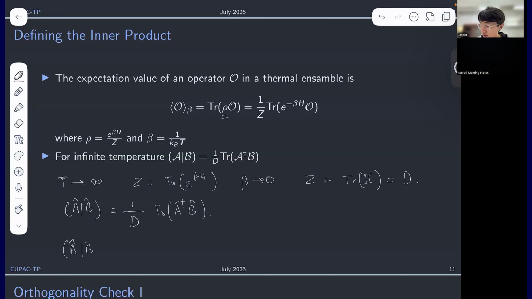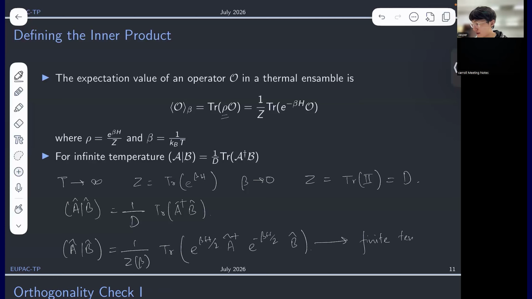Finite temperature is Z as a function of beta, trace of e to the minus beta Hamiltonian by 2, A dagger, e to the minus beta H by 2, B. This is the definition for finite temperature, but for most cases, the infinite temperature inner product should do.